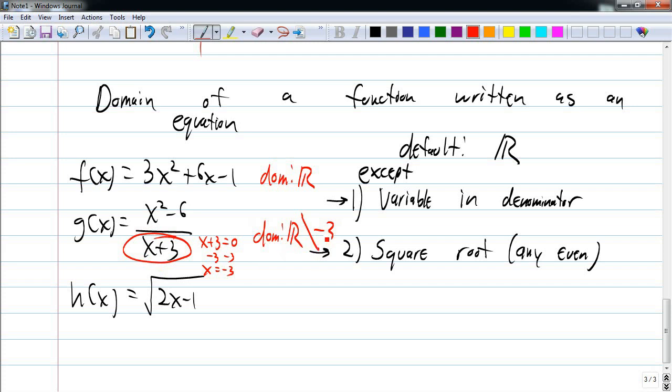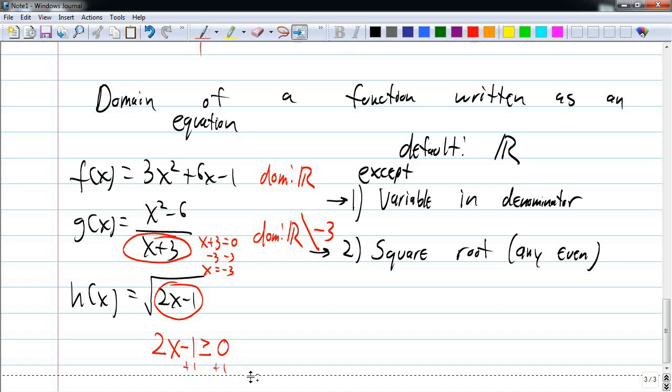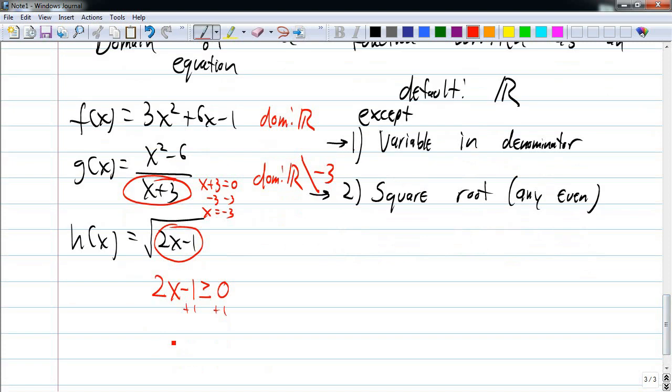Okay? If it is a radical, this thing under the radical cannot be negative. Okay? So this has to be greater than or equal to 0. And then solve that out. Plus 1, plus 1. 2x is greater than or equal to 1. Divide by 2, divide by 2.